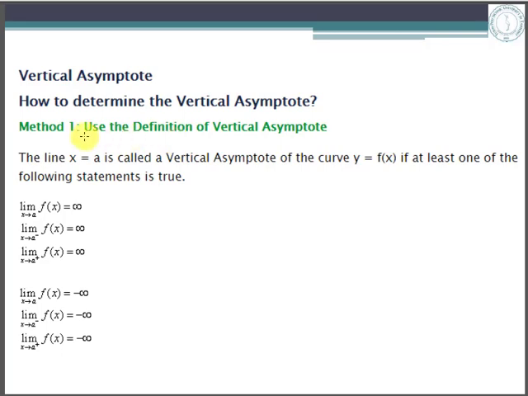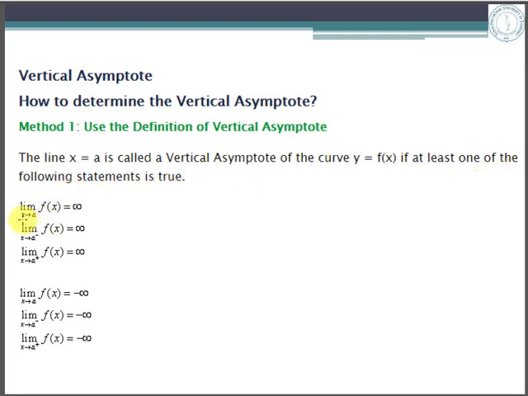We have two methods. The first method uses the definition of vertical asymptote. The line x = a is called a vertical asymptote of the curve y = f(x) if at least one of the following statements is true.